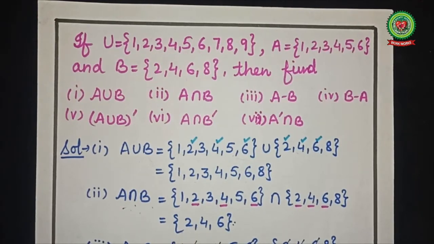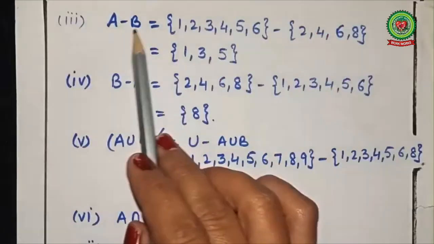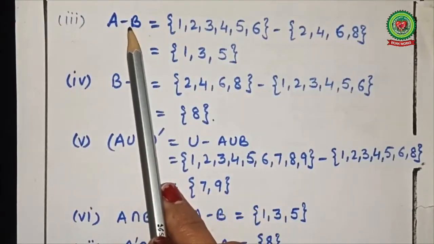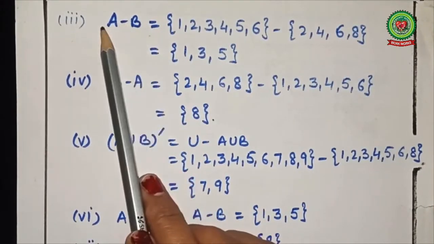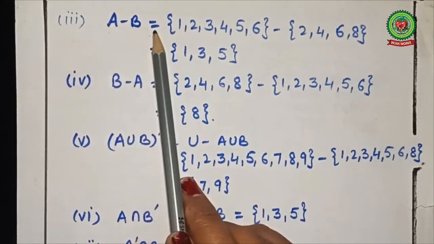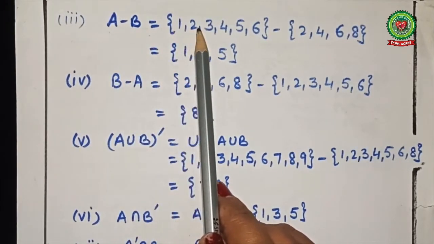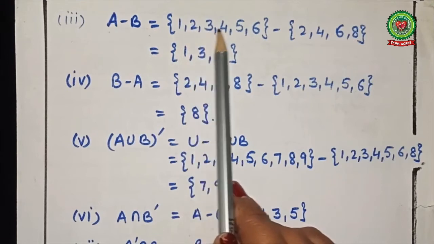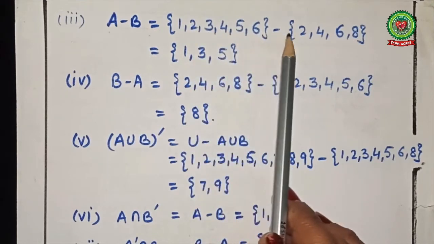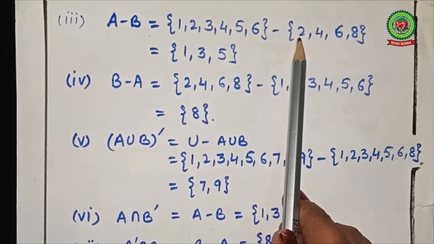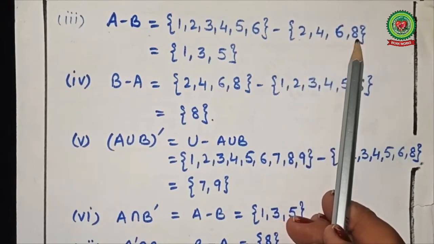Next is A minus B. We have to subtract the elements of B from A. So write down the sets. A set is 1, 2, 3, 4, 5, 6 minus set B is 2, 4, 6, 8.